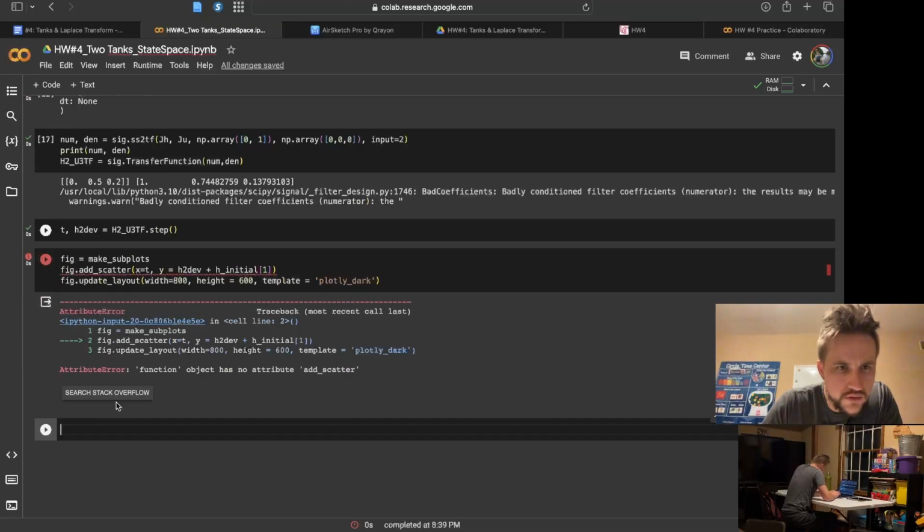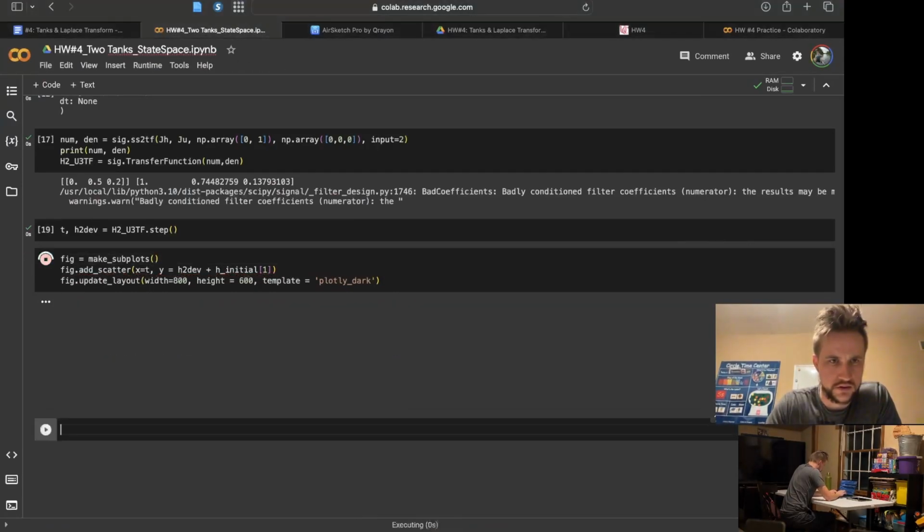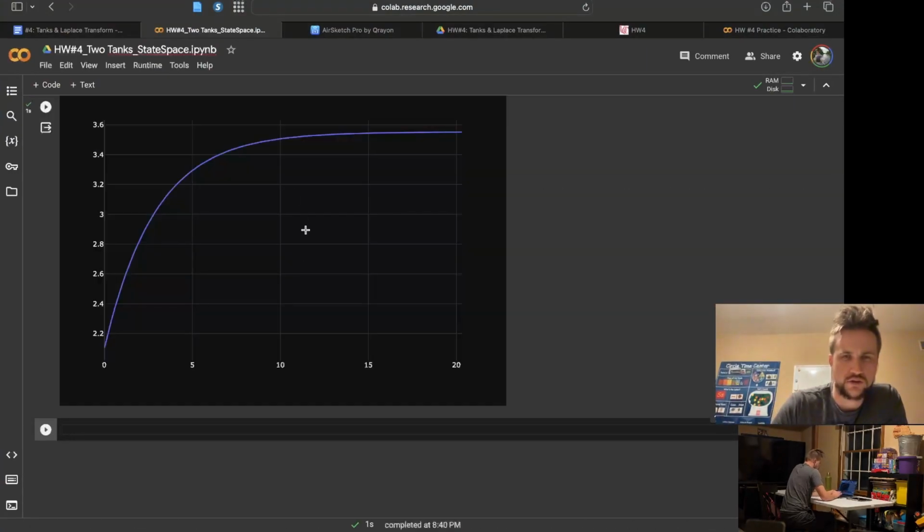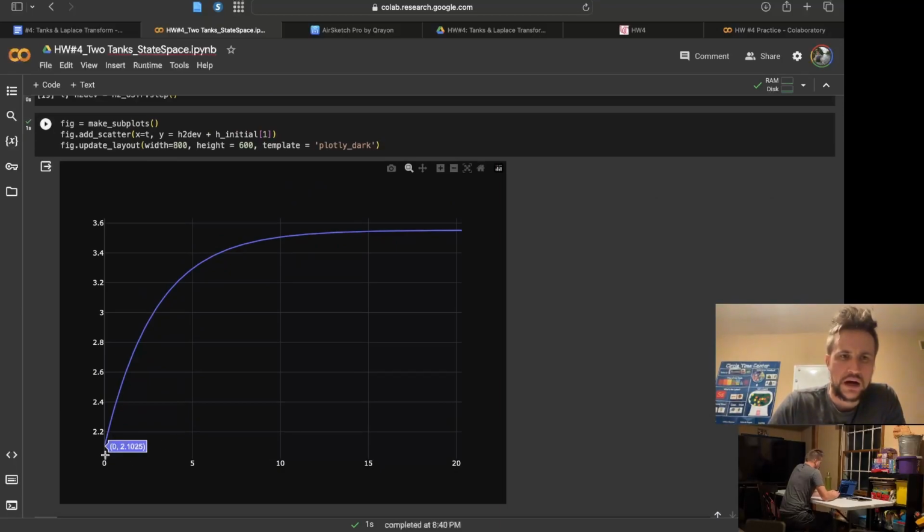Fig, make_subplots. Here we go, I just forgot the parentheses. Okay, so this is how our fluid in tank 2 changes with any responses to U3 over the course of time.